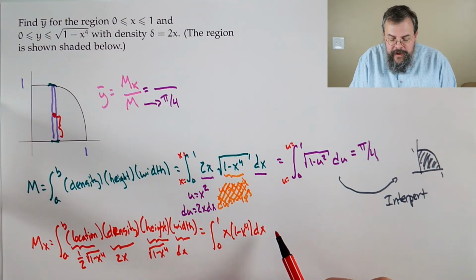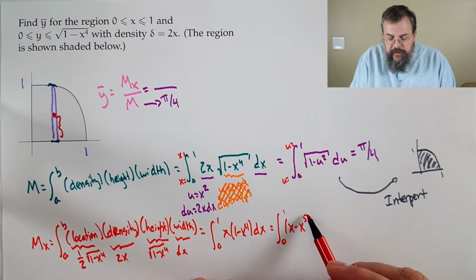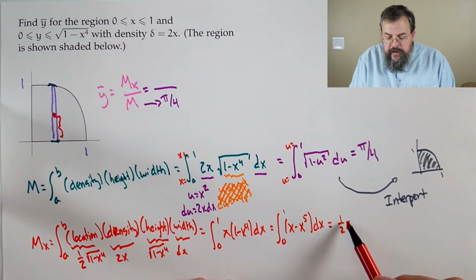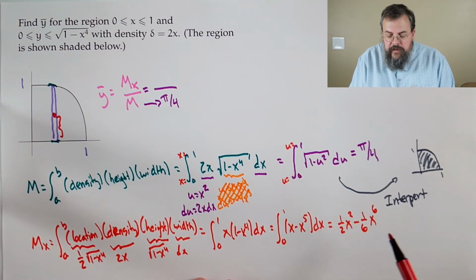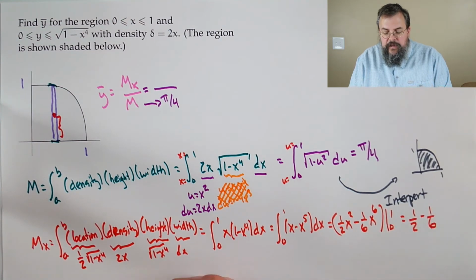So we first multiply. So this is really x minus x to the fifth. And now we say, well, that's a half x squared minus a 6, x to the 6. Got to evaluate from 0 to 1. So we end up with a half minus a 6.